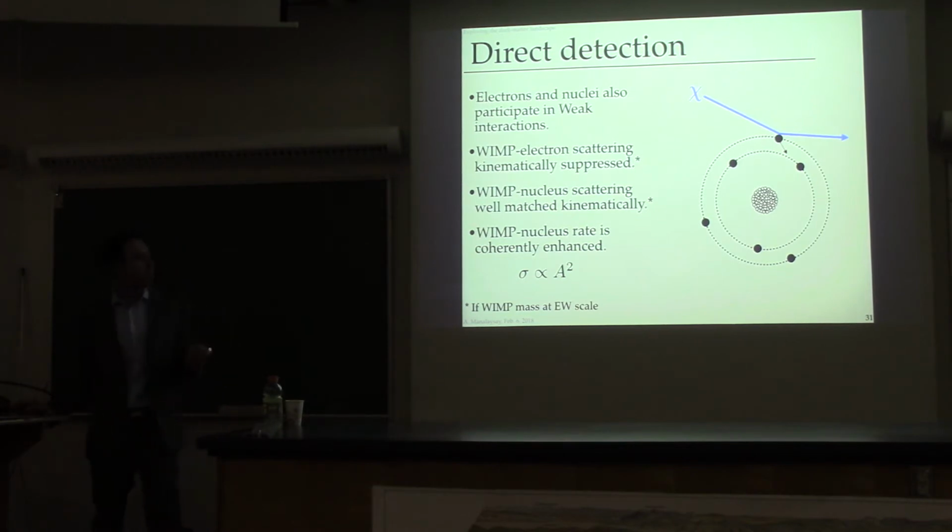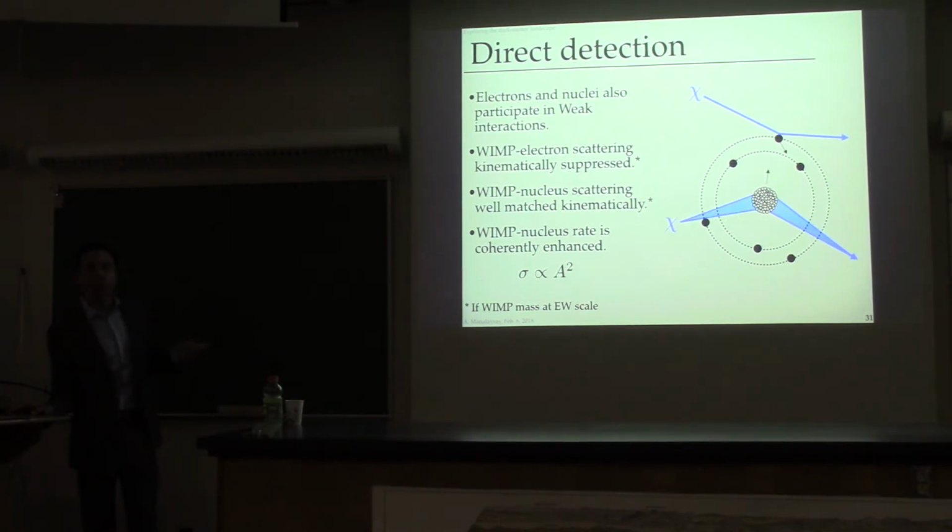On the other hand, the nucleus is generally around 100 GeV in mass. This is very kinematically well matched to scatter with a WIMP. Additionally, the energy of the interaction is not large enough to really probe the substructure of the nucleus. So the WIMP would scatter with the whole nucleus as a whole, and the rate for this to happen gets an enhancement of A squared.